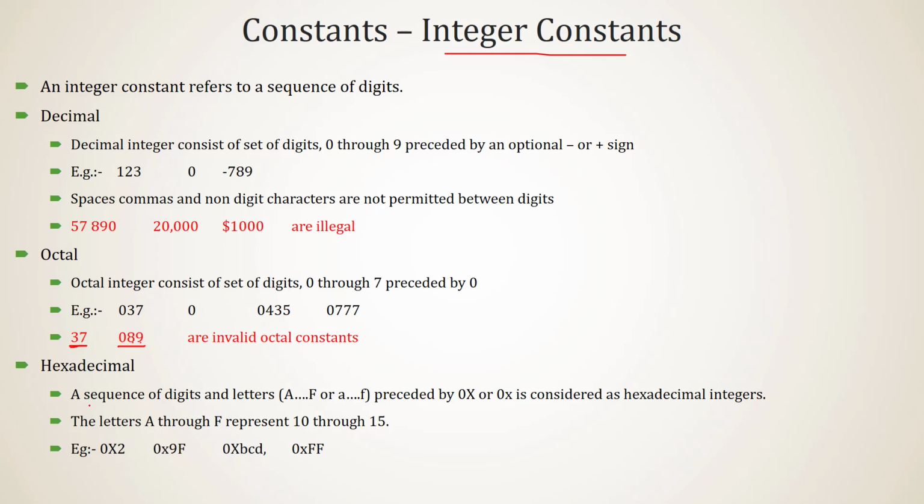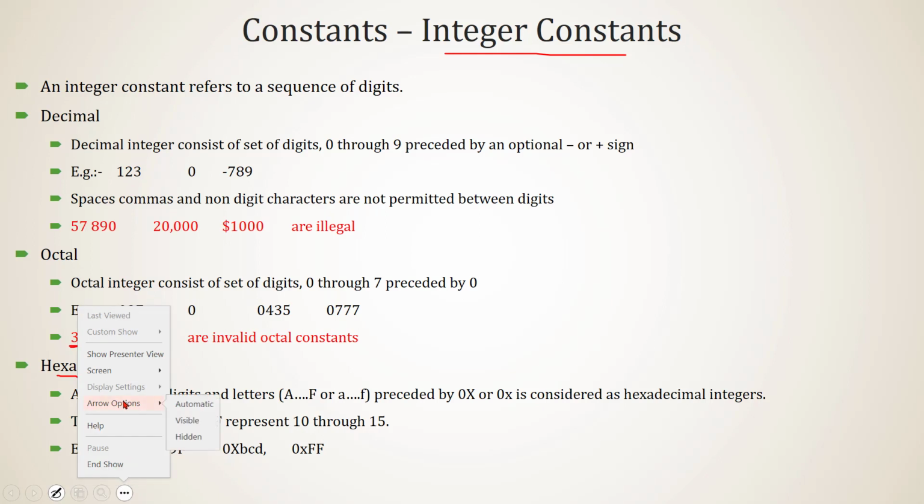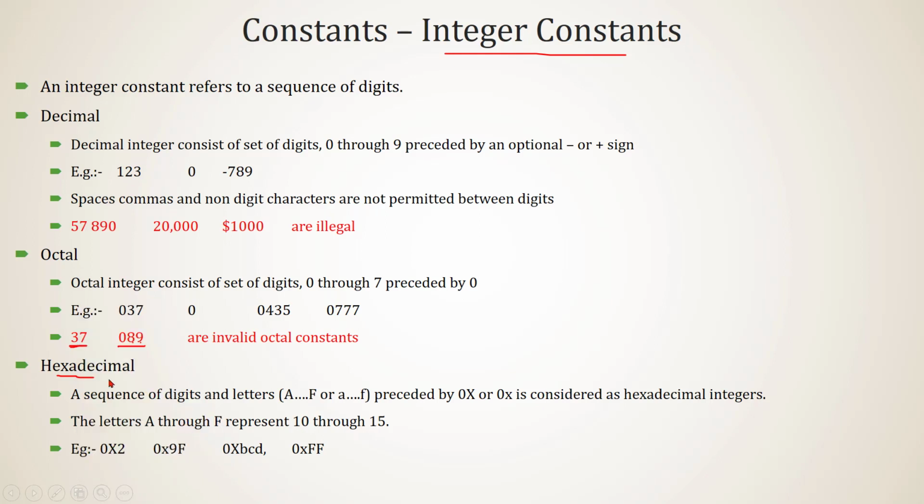So one more type of integer constant is called hexadecimal. Hexa means 6, decimal means 10. So 6 plus 10, there is a total of 16 symbols.